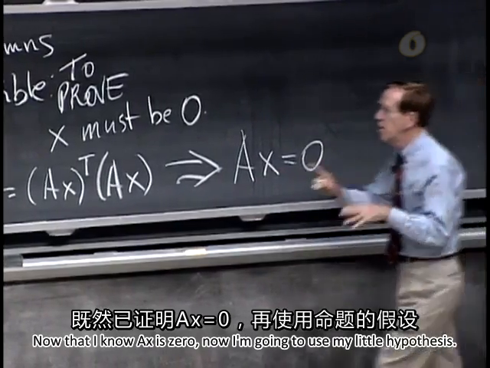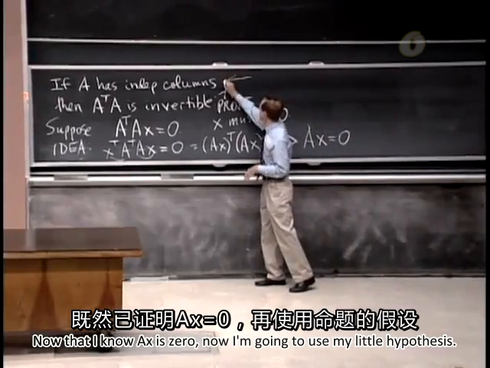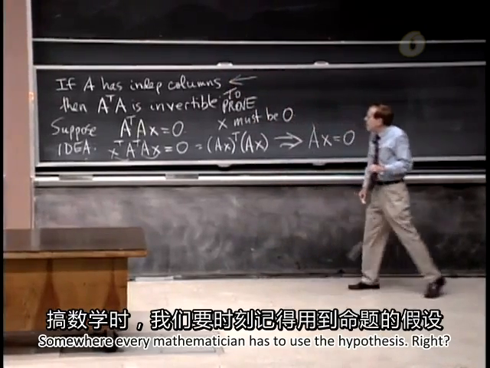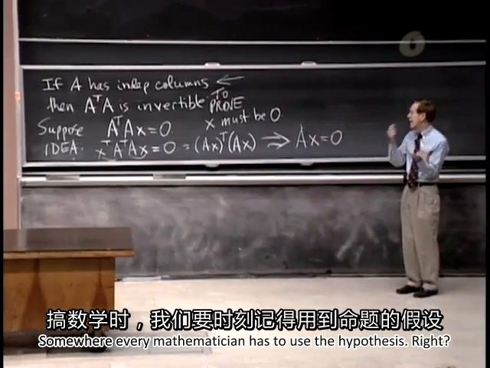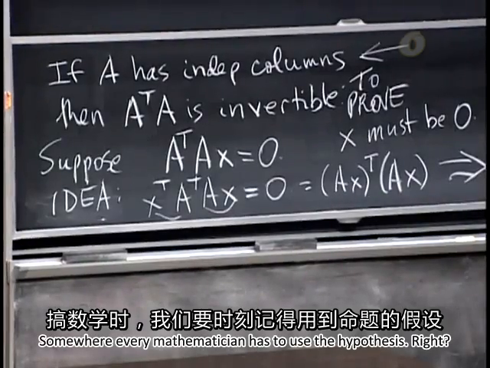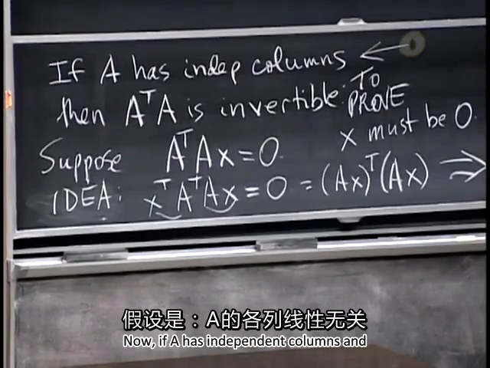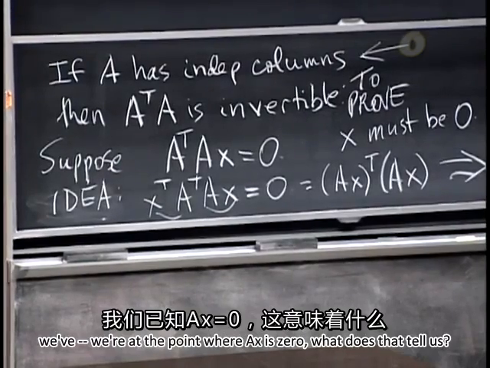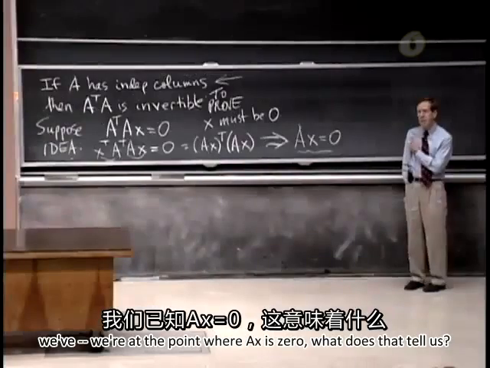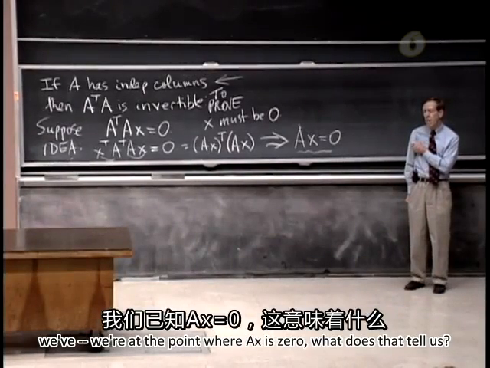now I'm going to use my little hypothesis. Somewhere, every mathematician has to use the hypothesis. Right? Now, if A has independent columns, and we're at the point where Ax is 0, what does that tell us?